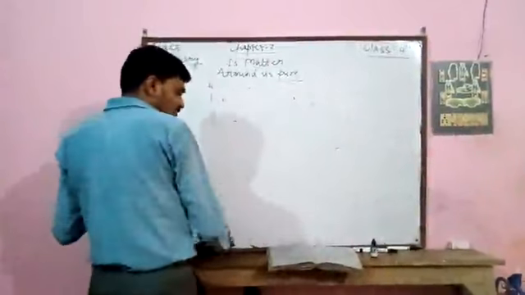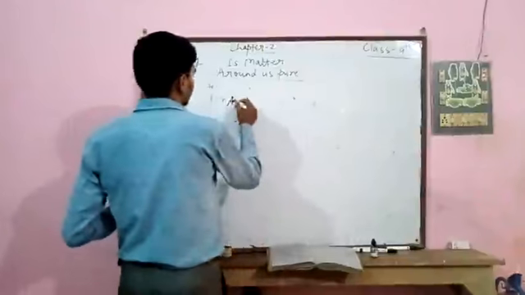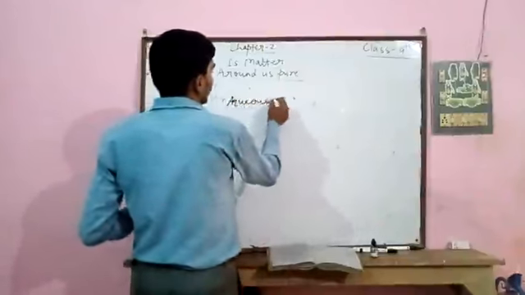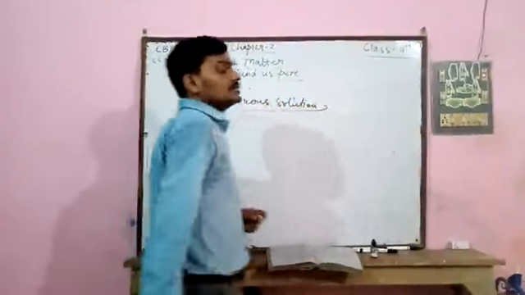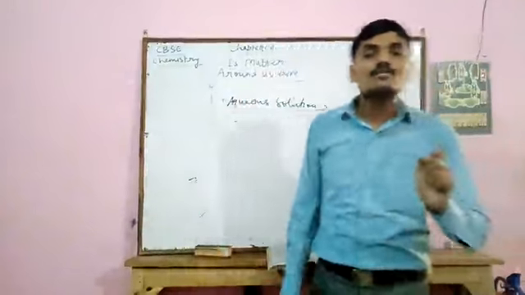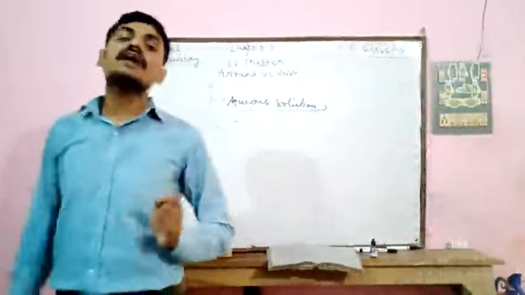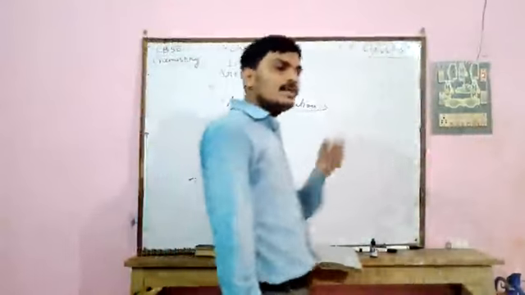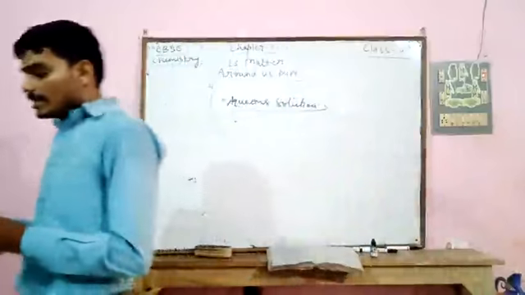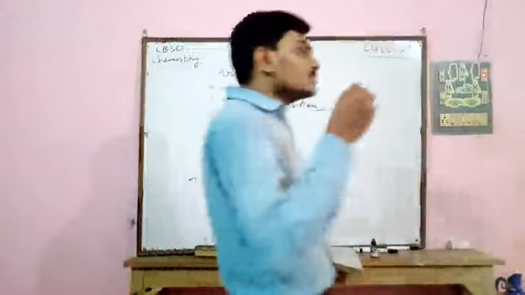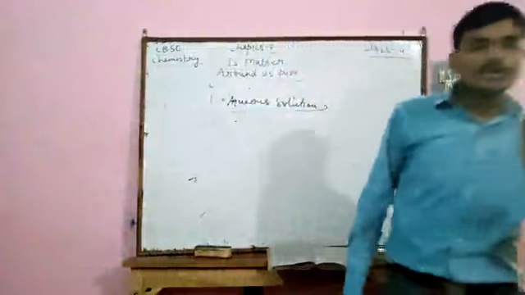Now, what is an aqueous solution? The solution in which the solvent is always water is known as an aqueous solution. For example, NaCl solution, sugar solution. So in an aqueous solution, the solvent is always water.